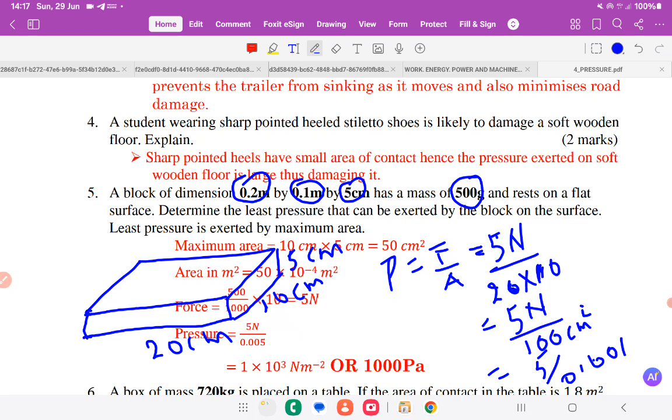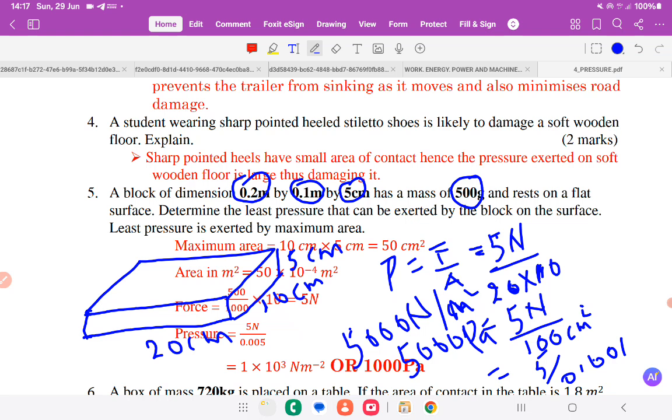Okay, which in effect is going to give us a pressure of 5 multiplied by 100. That is going to give you 500 newtons per square meter, which is the same as 500 pascals. Yeah, so that's how you do that.